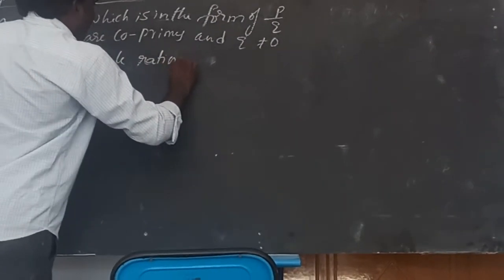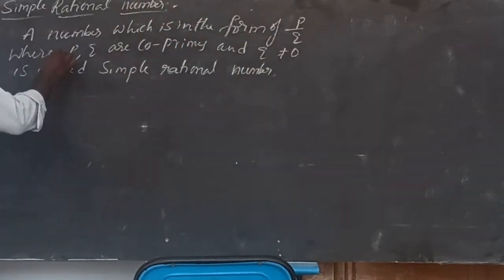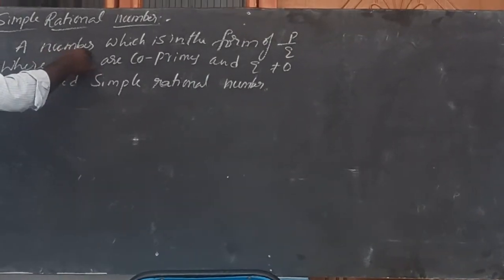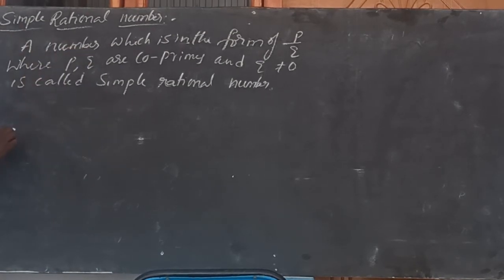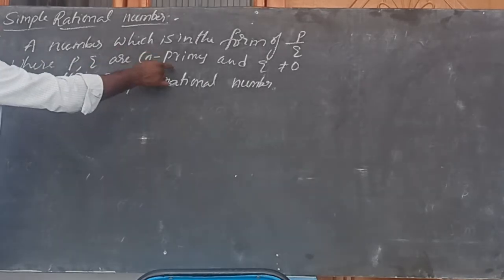Here P, Q are co-primes means the HCF of P and Q is 1. There is no common factor between the two numbers. Only 1 is a common factor between the two numbers. Those numbers are called co-primes.